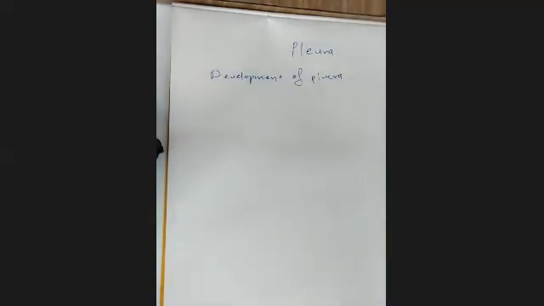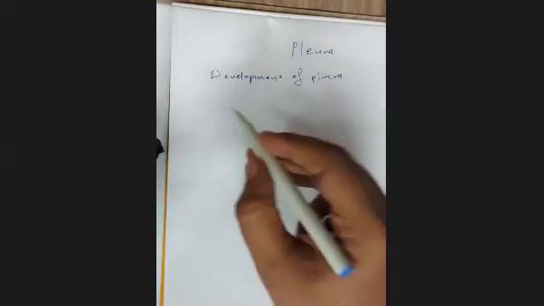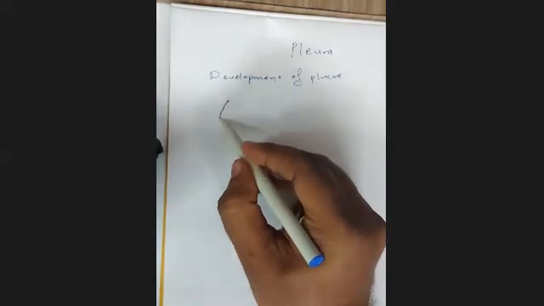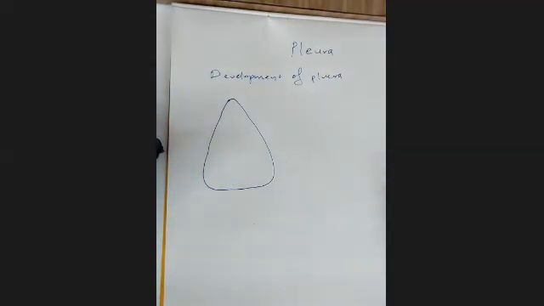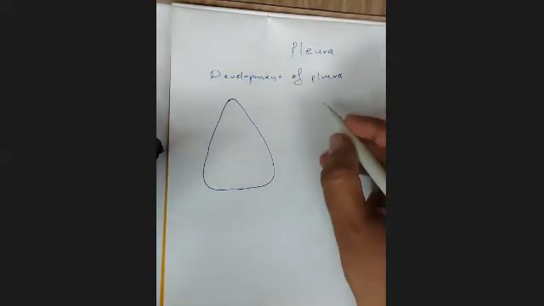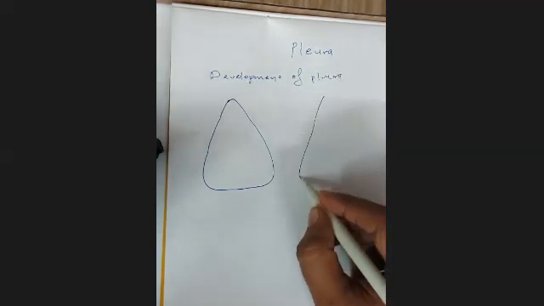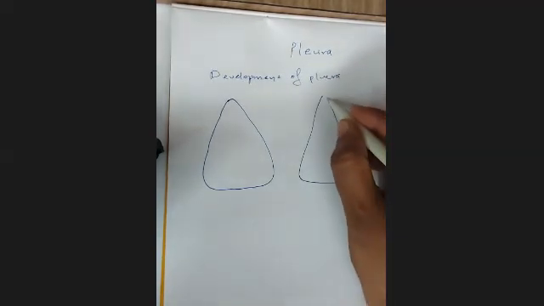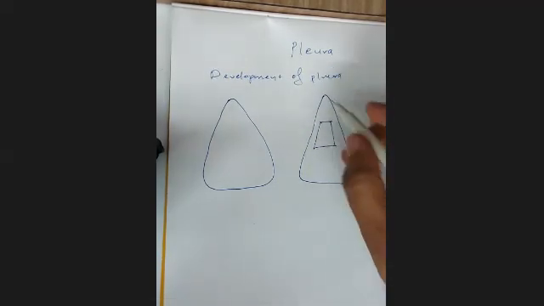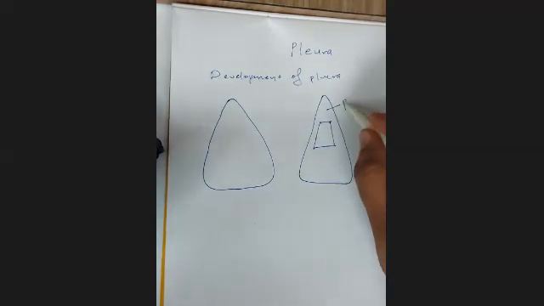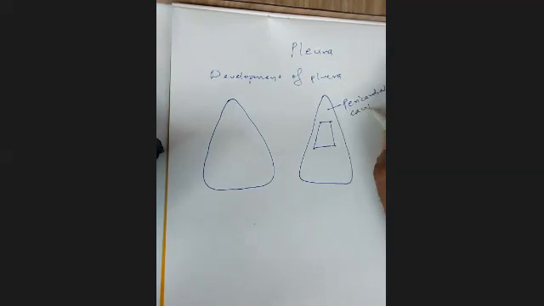Now what I am drawing is the body cavity. This body cavity afterwards gets divided into two parts. This is the pericardial cavity, and this is the peritoneal cavity.